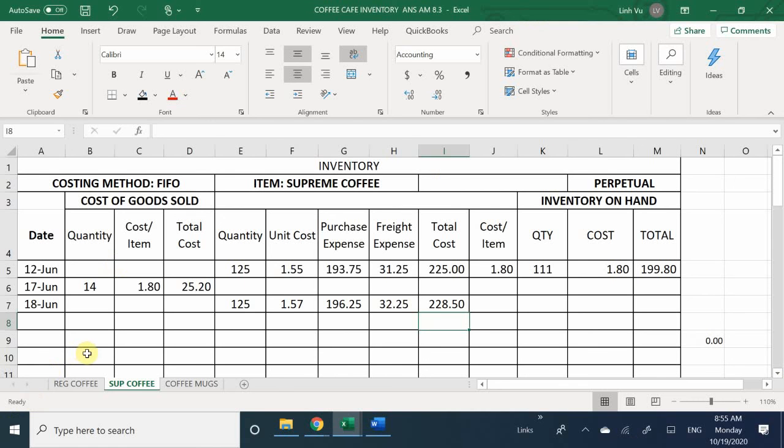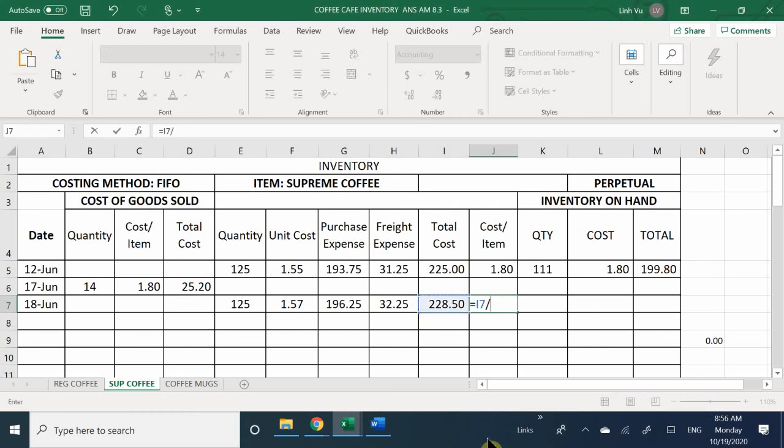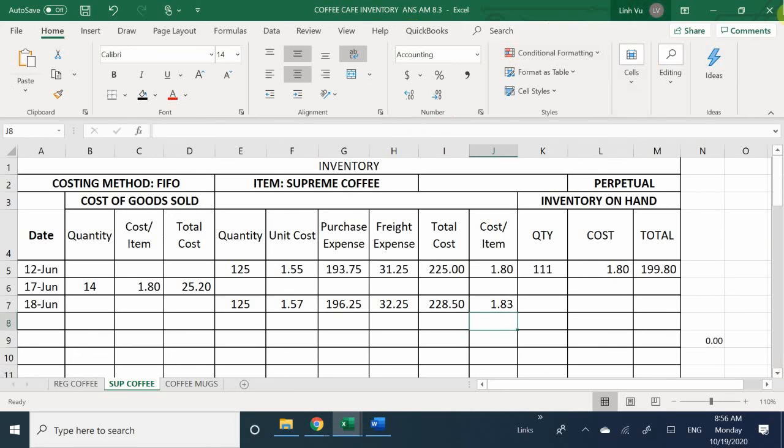And what method are we using? This is first in, first out. So the cost divided by 125 is 1.828. Round it off. Okay.